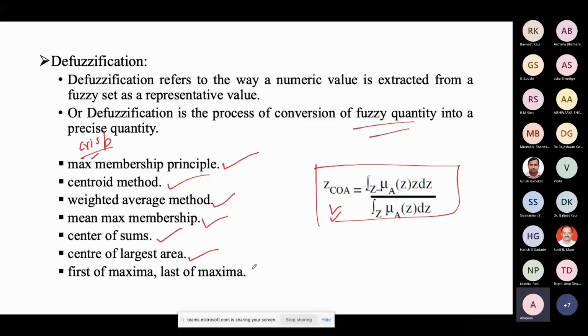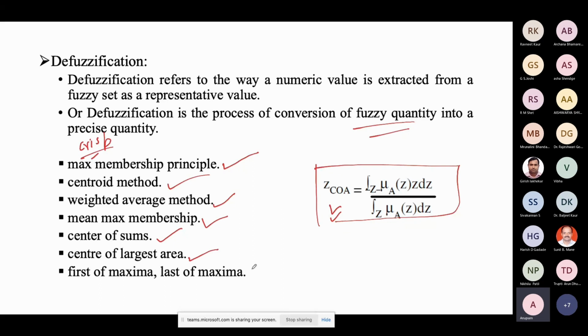People used to ask me which defuzzification technique is the best one. There is no right answer for this, because it depends totally on the application. Suppose you want a fast application, where we require the fuzzy controller to work in milliseconds or microseconds.